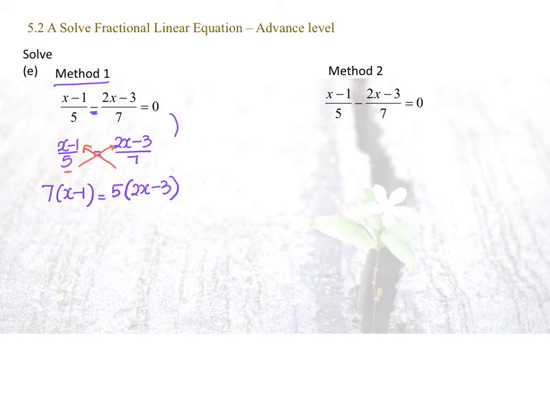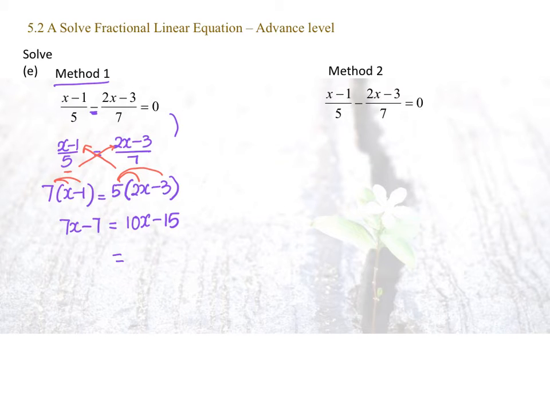Now involving brackets, we can expand the brackets. So the expansion of the brackets will give you 7 groups of x, subtract 7, equals 5 groups of 2x, so that gives me 10x, and 5 groups of 3. Then now let's rearrange the terms.